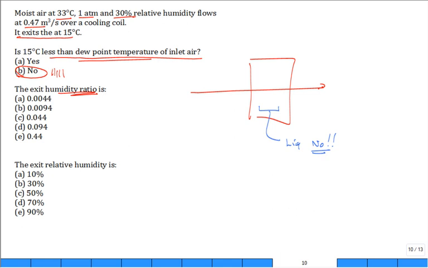I mean, you could, even because the air that's really close to the metal surface of the coil actually feels a lower temperature than the air that sort of scoots through in the middle between the blades of the coil, the fins of the coil. That's another topic for another day. We're just doing a very simple analysis. No liquid forms and drops off the coil. So what is the omega 2?